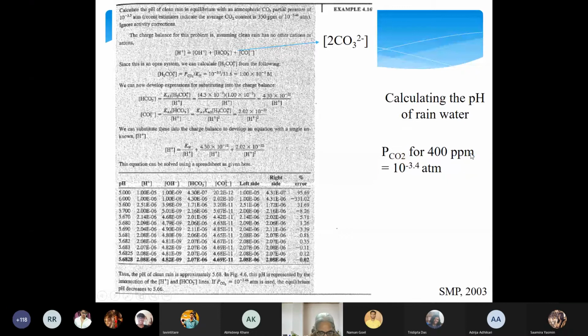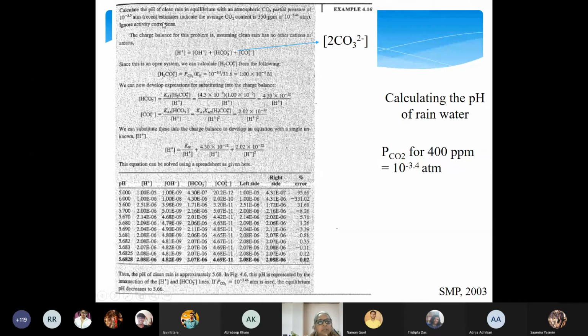So 4 times 10 to the power minus 4, and you can convert it and write it in this form that it is 10 to the power minus 3.4 atmosphere. Okay, so this is our PCO2 for 400 ppm. If today's concentration is 420, you can recalculate for that.